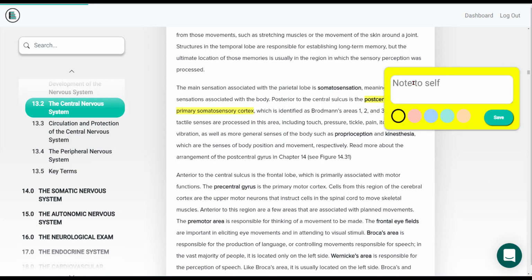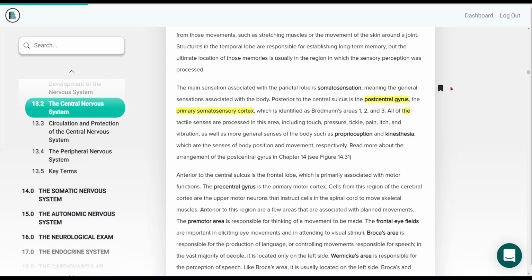So the postcentral gyrus is also called the sensory strip. Okay, so it's a strip of the brain, right? The strip of the cortex, and it's where most of your sensory information is perceived. So we'll leave that there, and we'll save that little comment for your notes.